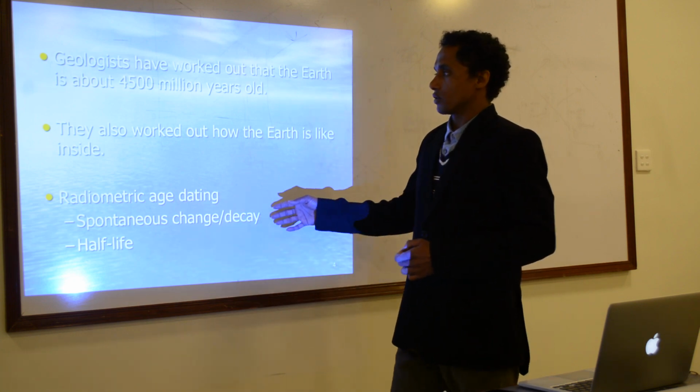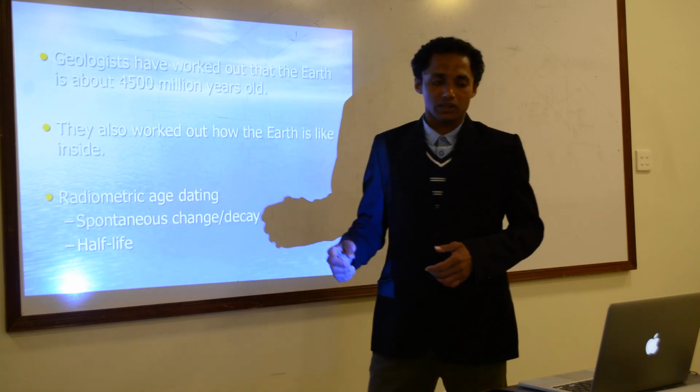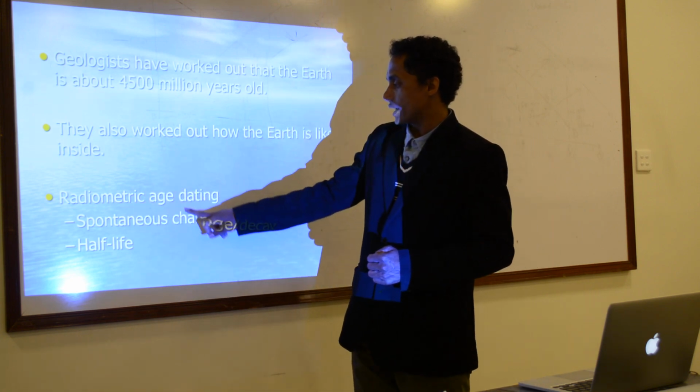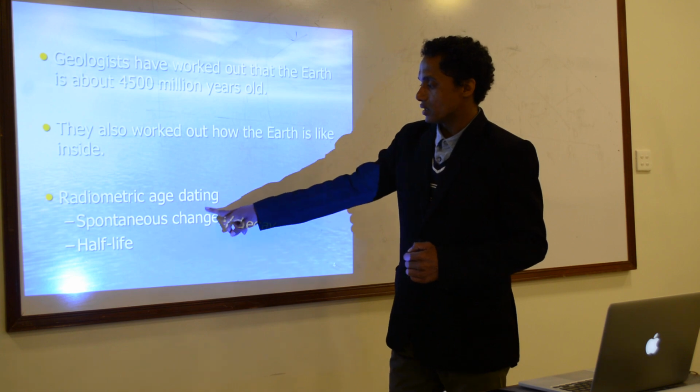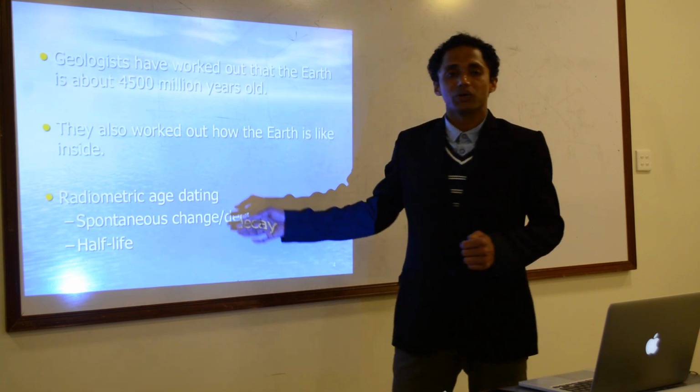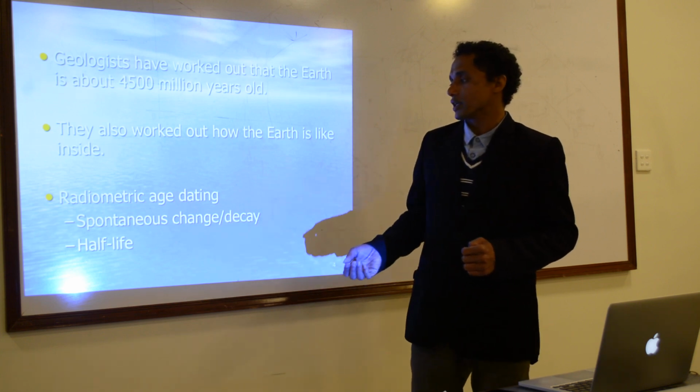Okay, let's take a look at the brief introduction about the Earth. In this we have radiometric age dating, and then we can see the spontaneous change and decay, and we also have the half-life. Why are we talking about radiometric age dating?